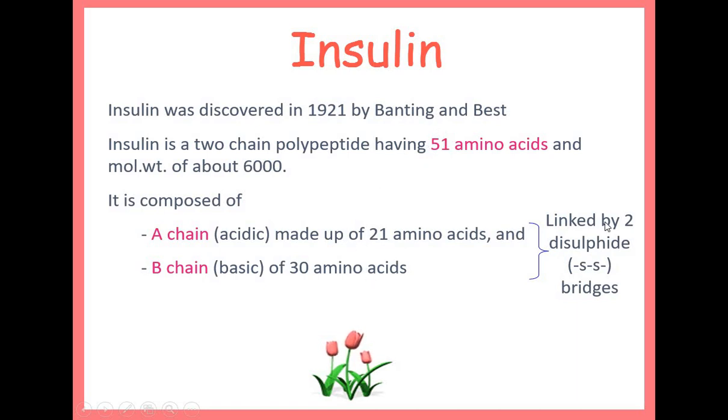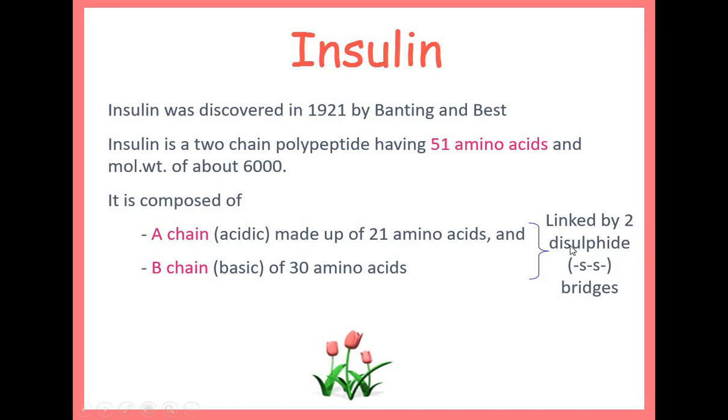These two chains are linked by two disulfide bridges, and these disulfide bridges are very important for their action. If by chance these disulfide bridges get broken down, then the activity of insulin becomes zero. Because it is peptide in nature, oral administration of insulin as a medicine is not possible as such, since it will get destroyed in the gastric pH.